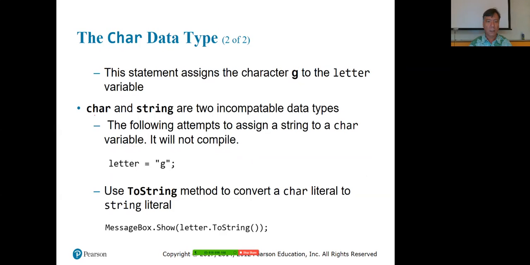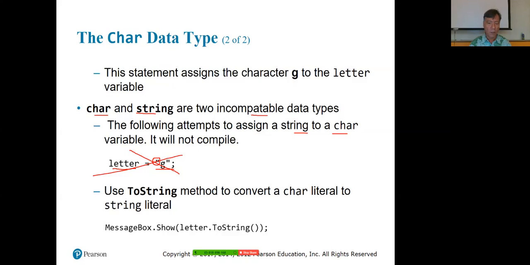A char and a string are two incompatible data types. The following attempts to assign a string to a character will not work. So you cannot assign the letter G to the character variable letter using double quotes. It does not work.